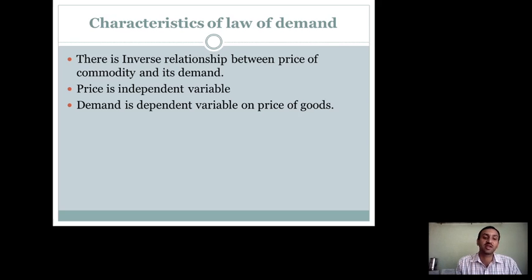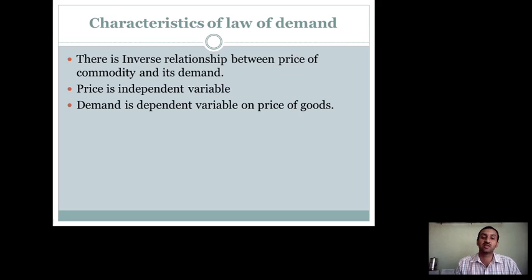The third characteristic is that demand is a dependent variable on the price of goods. Many a time, demand is dependent on the prices. For example, if the prices of onion are increasing, we try to reduce the usage of onion. We try to use very little, and if the prices are less, we use it more.